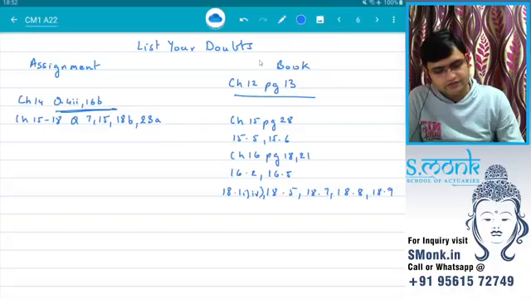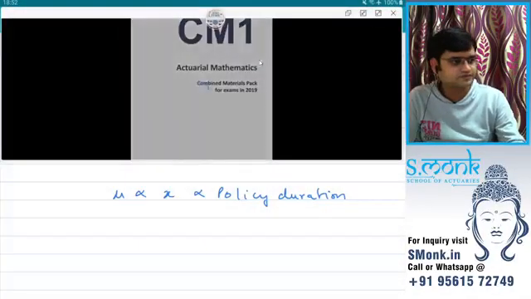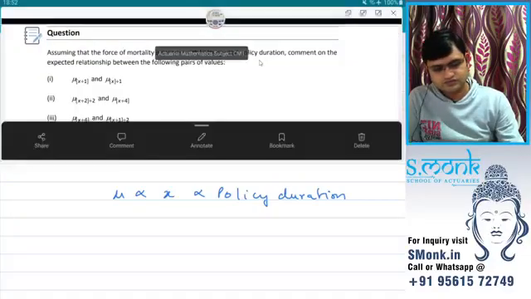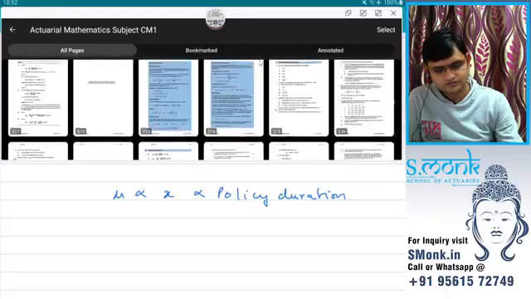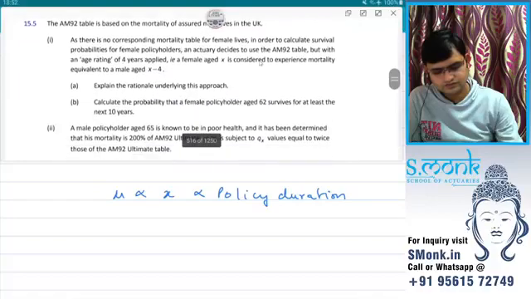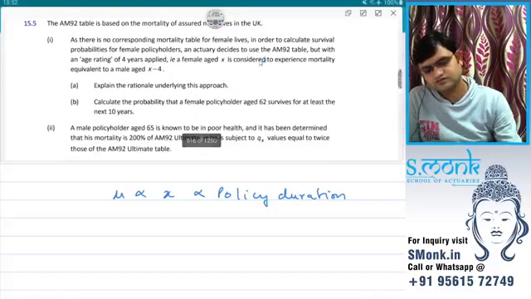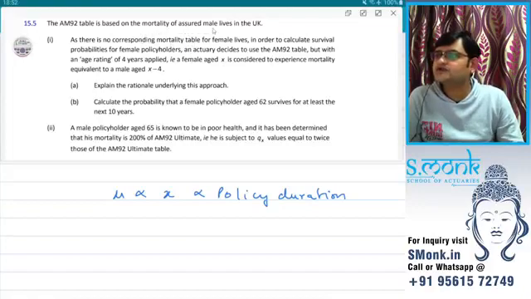Then let's say 15.5 and 15.6. 15.5: The M92 table is based on the mortality of assured male lives in the UK.